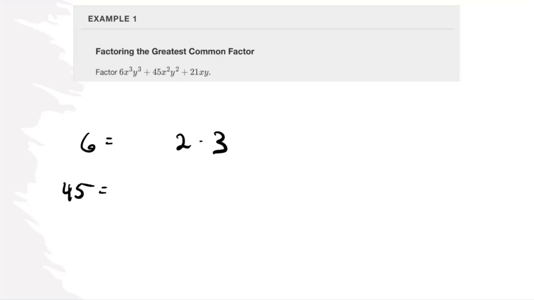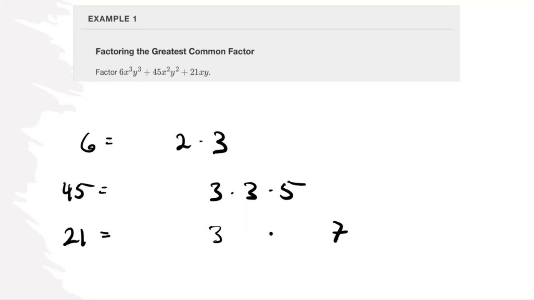So I'm going to line up my like factors, but we have 3 times 3 times 5. 9 times 5, right? That's 45. And then 21 is what? 3 times 7. So 3 times, I'm putting my 7 over here because it's not a like factor with the other guys.